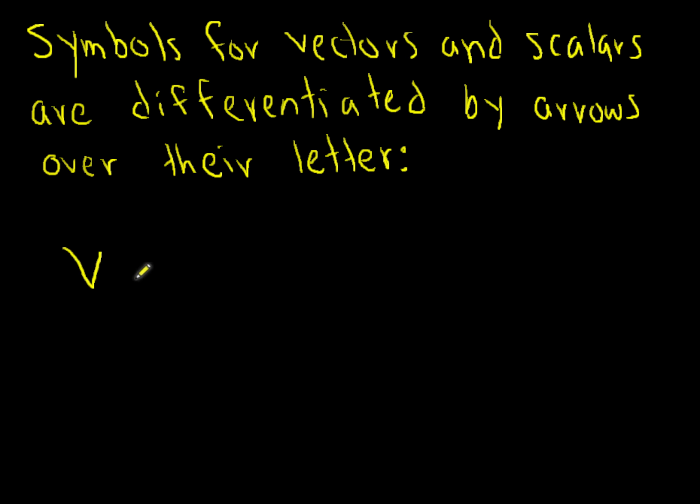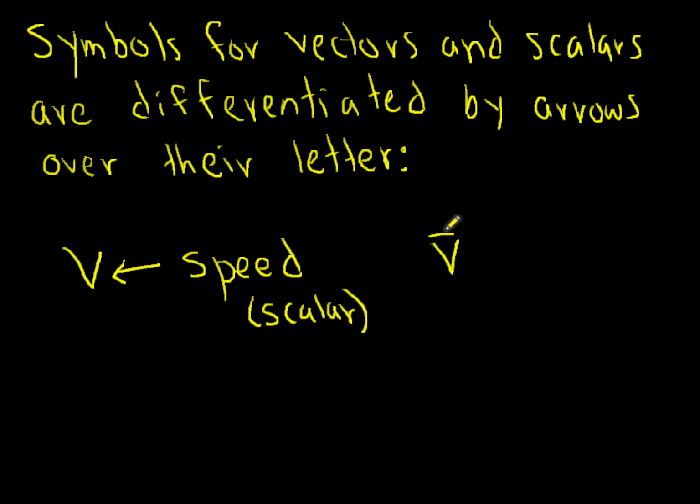For example, v is speed, which is a scalar quantity. The same letter v, but with an arrow over it, indicates instead velocity, which is a vector quantity.